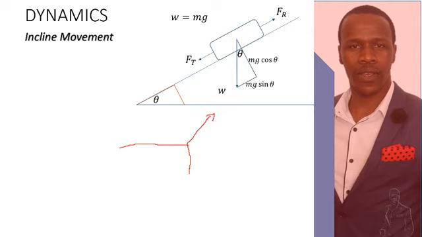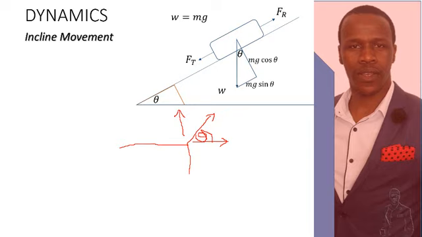we usually resolve it into components, which are horizontal and vertical components, and we will have an angle right there. Then that will be what it looks like. So we usually put it in terms of the horizontal component and the vertical component.